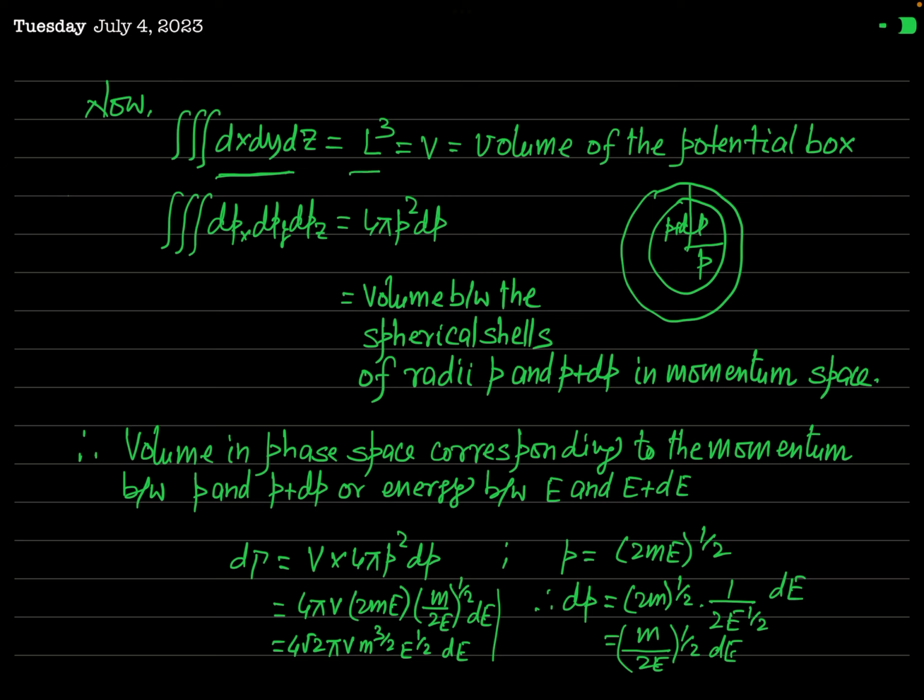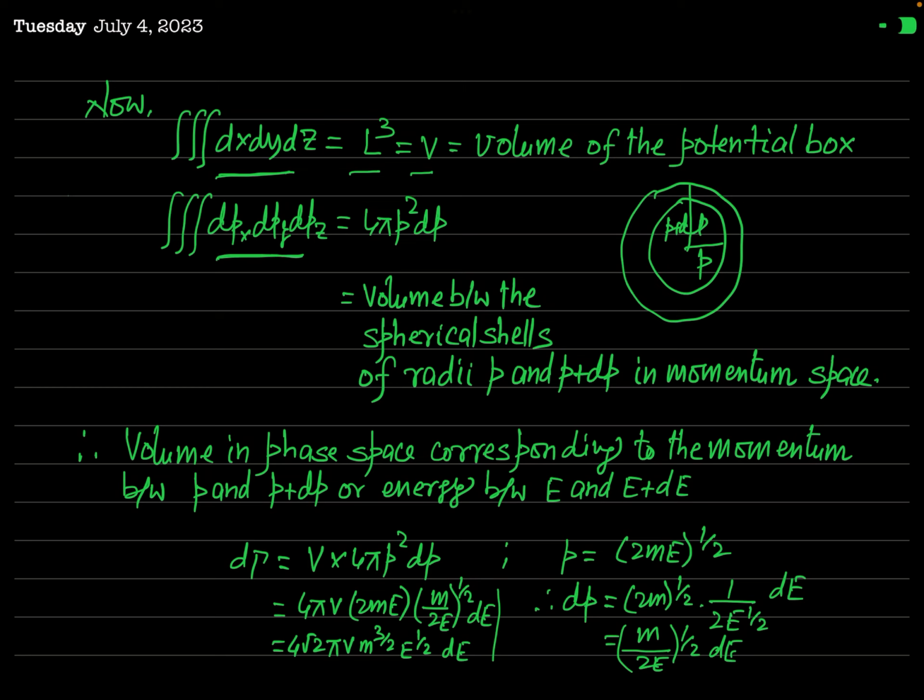This is the volume of the potential box, and we write this L cube as V. In our calculation, instead of L cube, we will write V. Now, what will be the volume in momentum space corresponding to this energy range or momentum range? This is denoted by the integral of dpx dpy dpz.